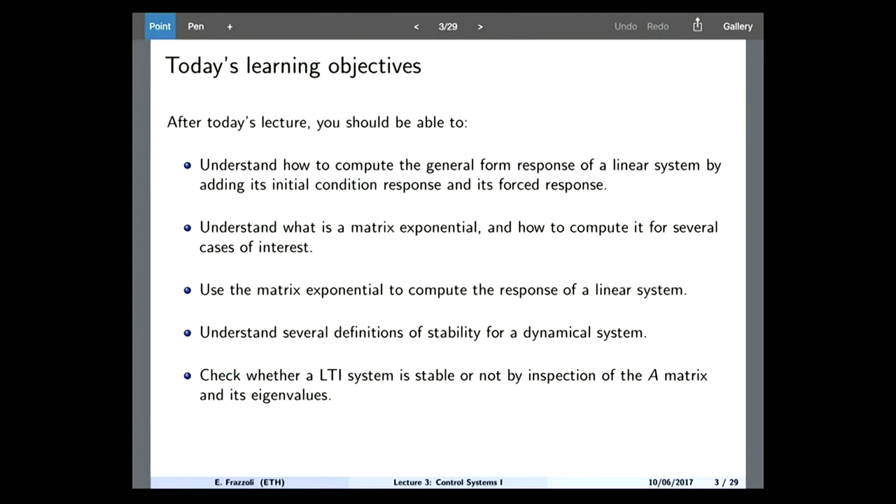So this will be the next step. Then we will use this matrix exponential to compute the response of a higher dimensional, higher order linear system. As we wrap up the lecture, we will look at several definitions of the concept of stability, and then we will look at ways by which you can check whether or not a system is stable just by looking at the matrix A and its eigenvalues.